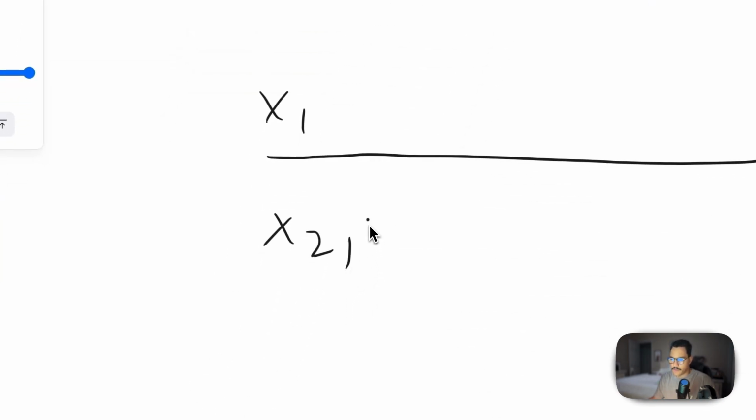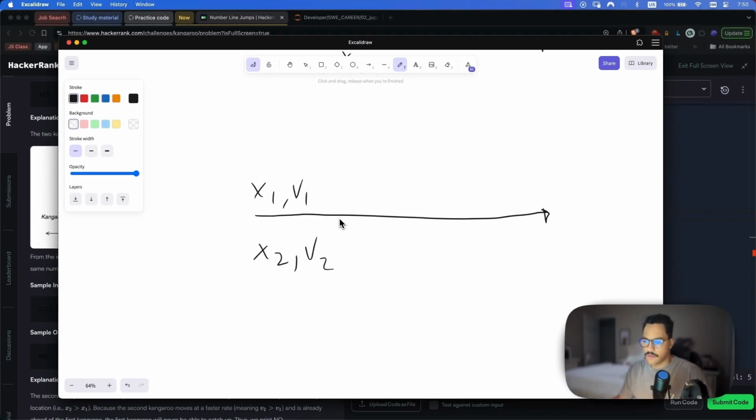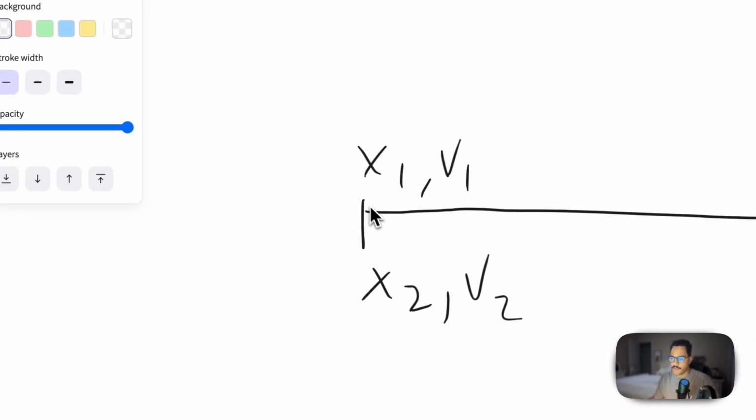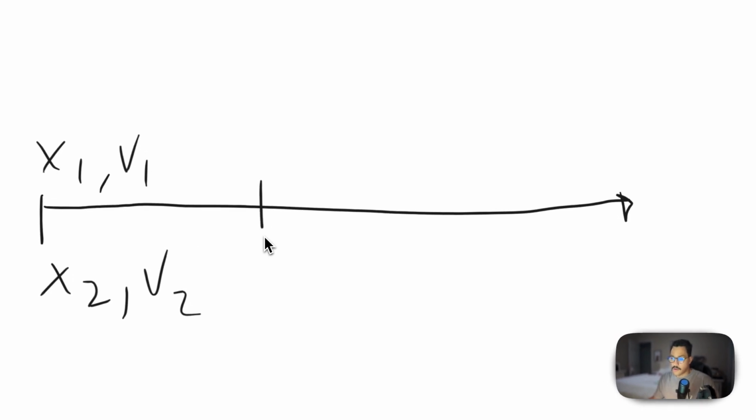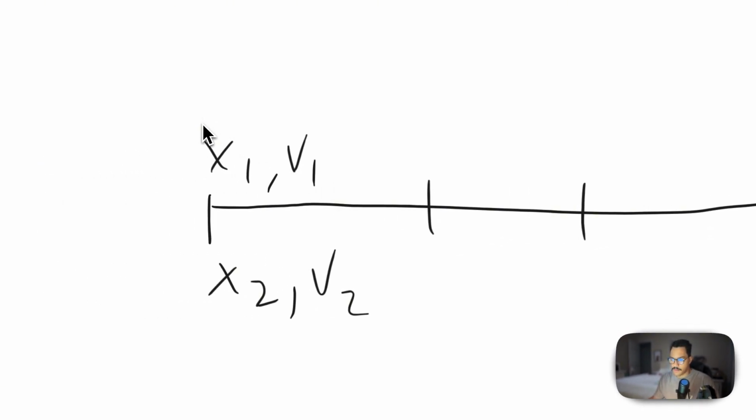I'm just gonna represent this like that, right? Velocity 2 and velocity 1. So they're at this point in time, and they're at the same position. The only way they can always meet or somehow meet in the future is if their velocities are equal.